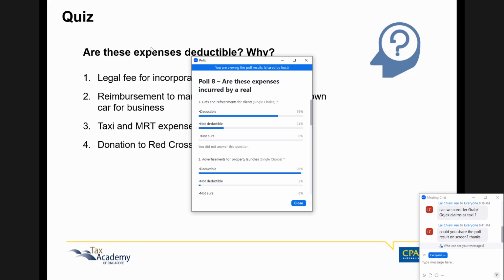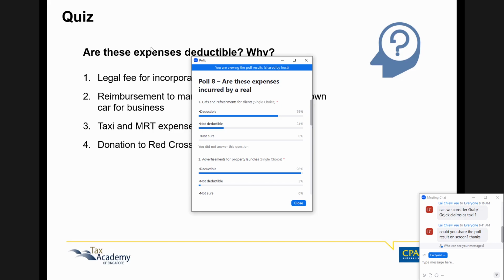Now I want to go back to the exams. Here we went through some examples of expenses, and just now I also went through the common types of deductible and non-deductible expenses. But it's not possible for me to cover every expense under the sun.